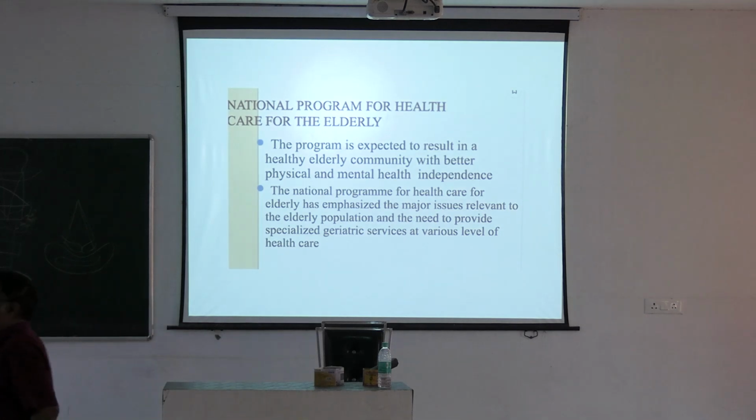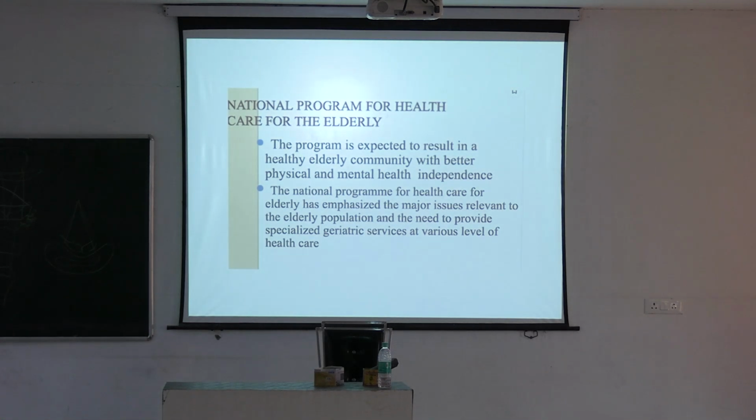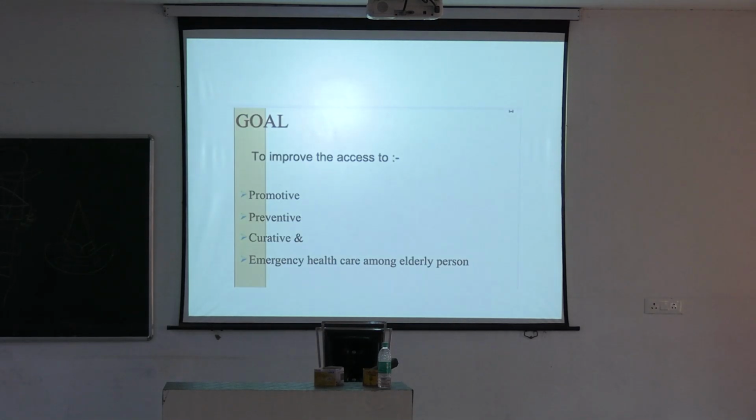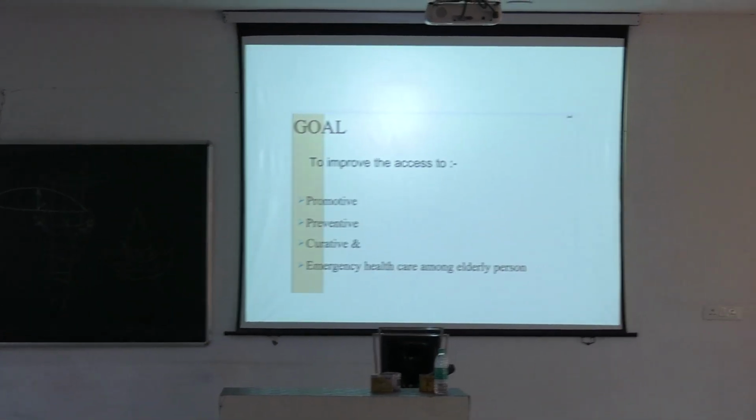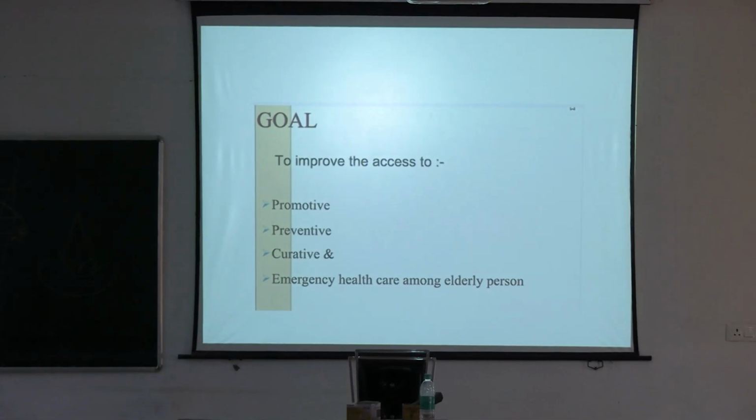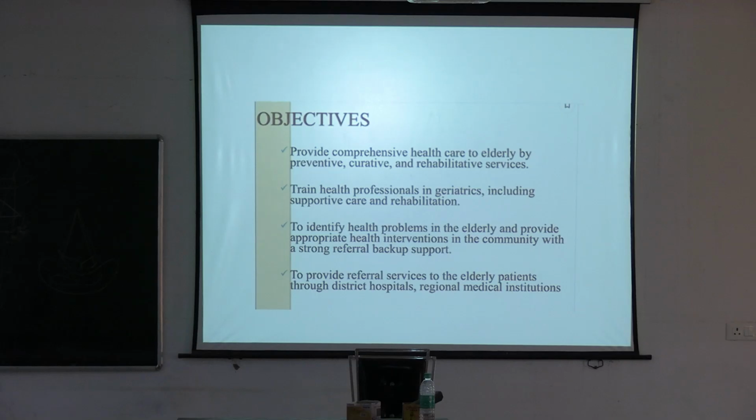This program has emphasized the need for better health, to identify the problems of the elderly community and to give them geriatric services at various levels of healthcare. To provide access to promotive, preventive, curative and emergency healthcare among elderly patients.